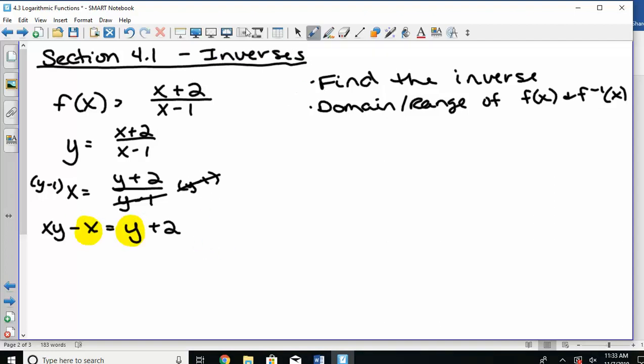Oops, I didn't mean to highlight that one. And I have 2 y's in my problem. So what do I need to do? Get them on the same side. So I'm going to subtract over this y, add over that x.